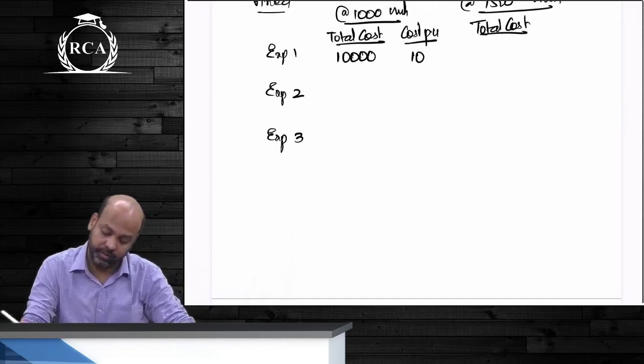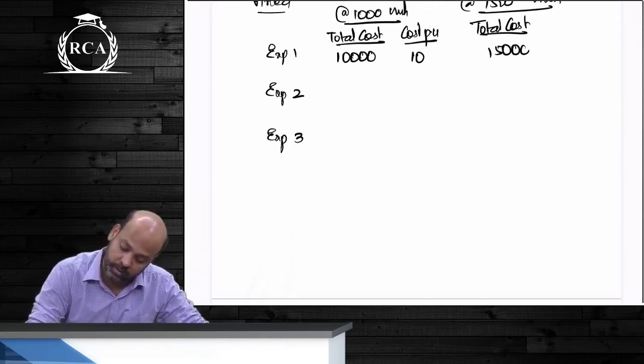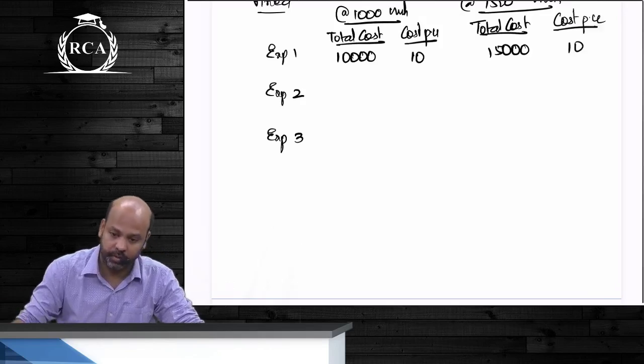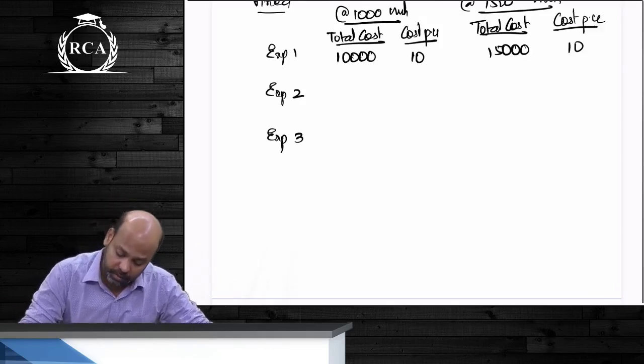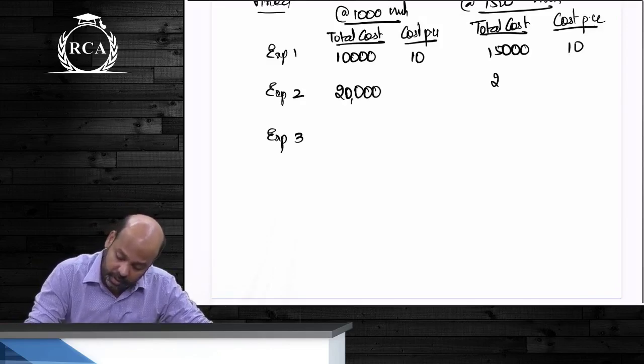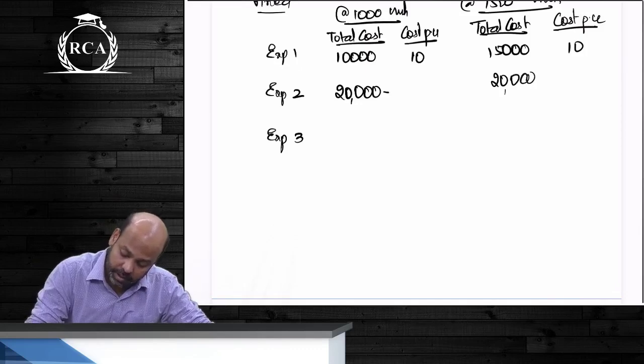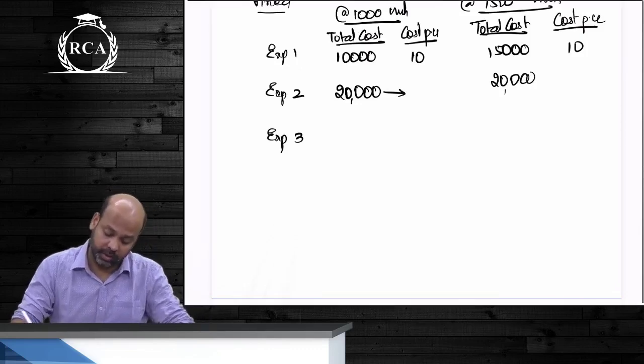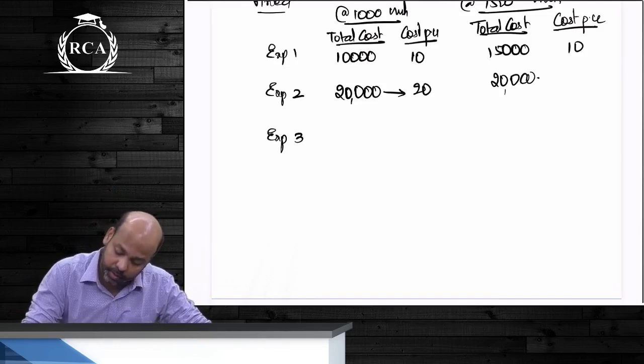Total cost is 15,000. Cost per unit is 10 rupees. For the fixed cost, it was 20,000 and 20,000. How much will be the cost per unit if it is 20,000? 20 rupees, and this will be 13.33.